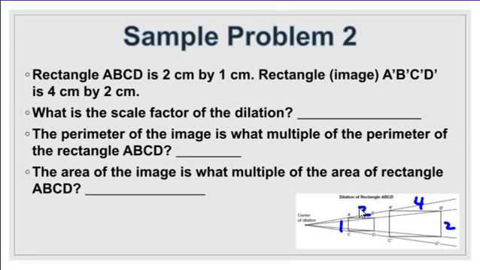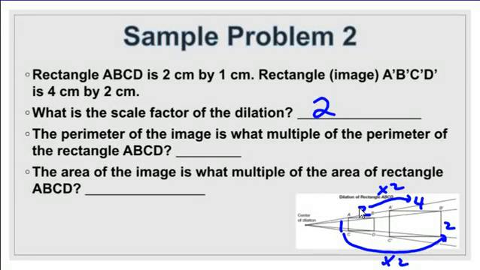So 1 is to 2 as 2 is to 4. How do you go from this 1 to this 2? You multiply it by 2, and to get from this 2 to this 4, you multiply it by 2. So the scale factor for that one is 2. It's times 2 each time.